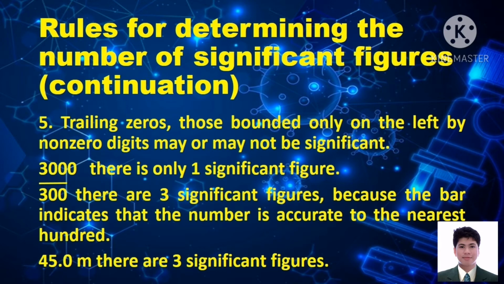Rule number 5: trailing zeros, those bounded only on the left by non-zero digits, may or may not be significant. For instance, 3,000, there is only one significant figure. Next, 300 with a bar, there are three significant figures because the bar indicates that the number is accurate to the nearest hundred.